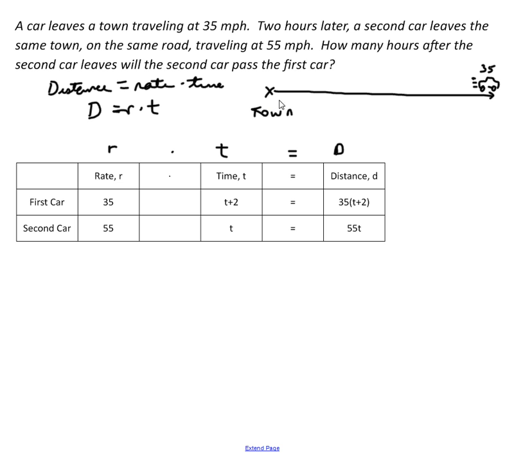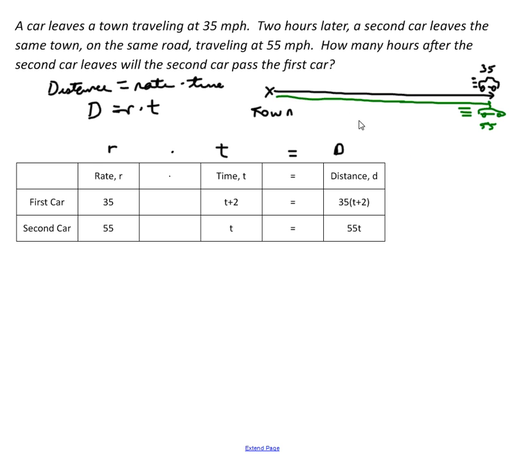Then 2 hours later, from exactly the same point, we've got a second car, and it also travels along the same road. Only this time, it's zipping along at 55 miles per hour. And so our second car right here, maybe it's one of these nice little sports cars. I'll try to draw a sports car there for you. Zipping along here at 55 miles per hour. All right, so he's traveling along. Maybe it's one of these country roads. He decides he's got to take it fast.